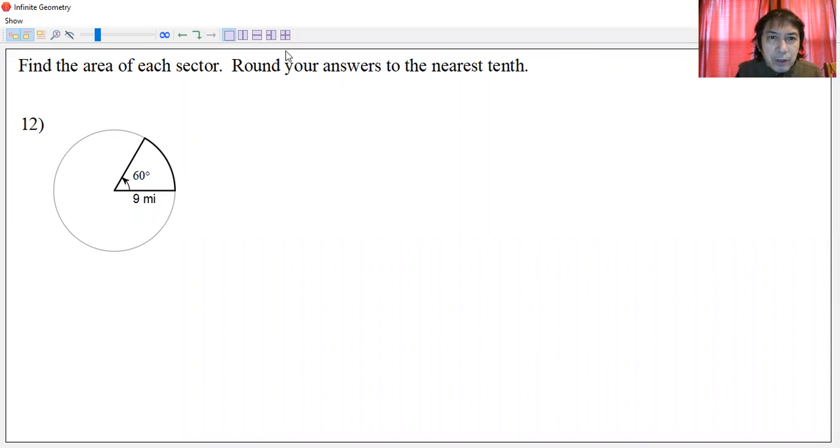Let's start with our given data. We have the radius of the circle at 9 miles. We have the angle, central angle A, equivalent to 60 degrees. There.